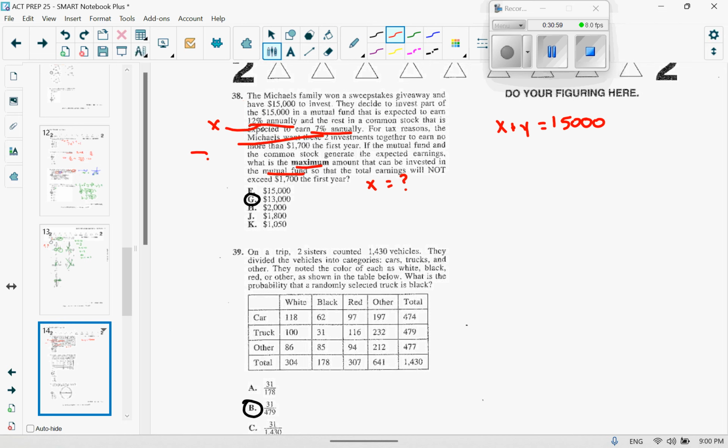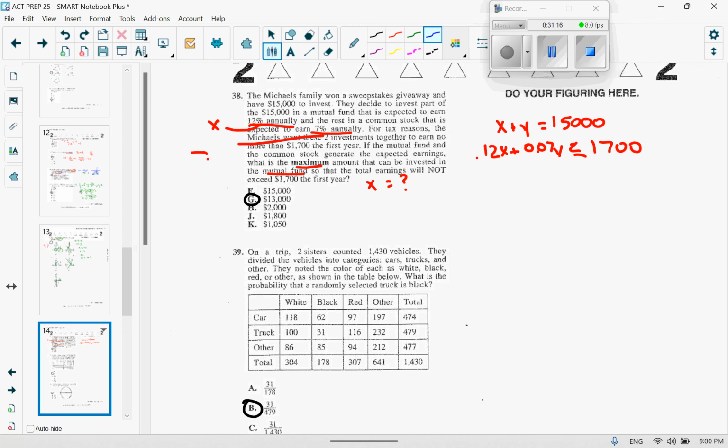X is going to be multiplied by 12% annual interest, so 0.12 of X plus 7%, so 0.07 Y has to be less than or equal to 1,700.